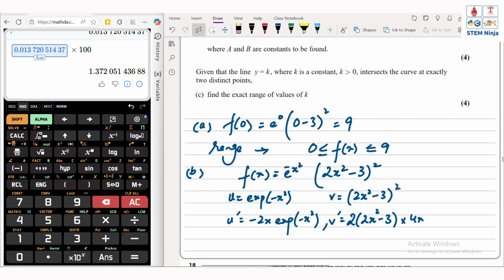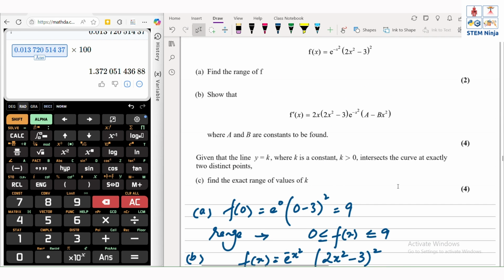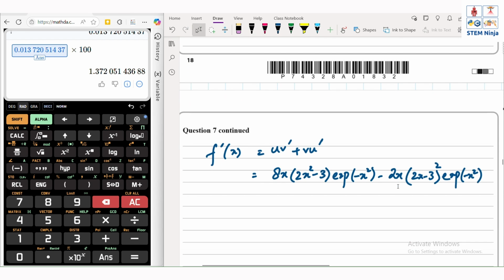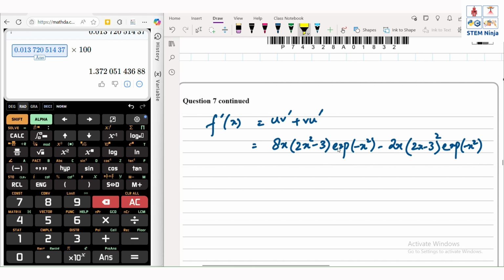All right, so what did they ask us? Okay, so we need to simplify this. If we notice over here, this is a common factor. 2 and the x are common factors, and one of 2x squared minus 3 is also a common factor. So you have 2x (2x squared minus 3) e raised to power minus x squared. These are the things that are common.